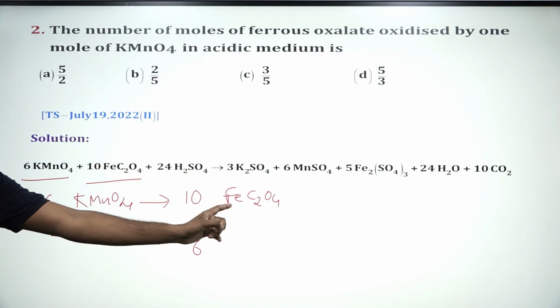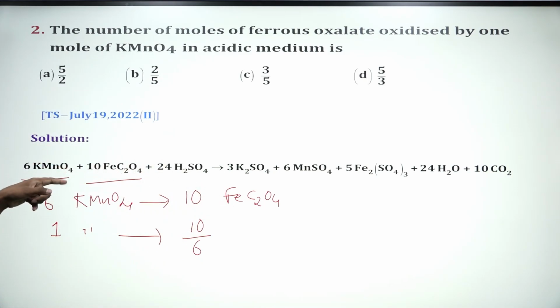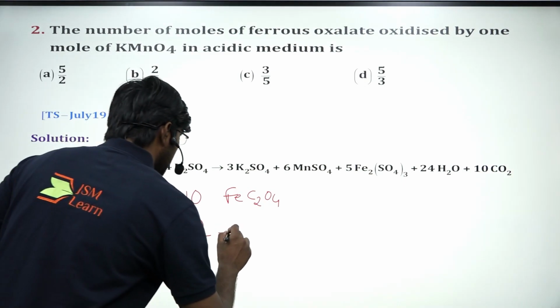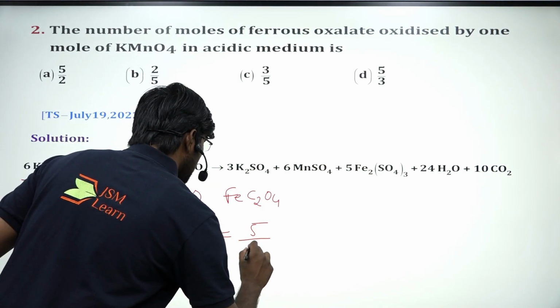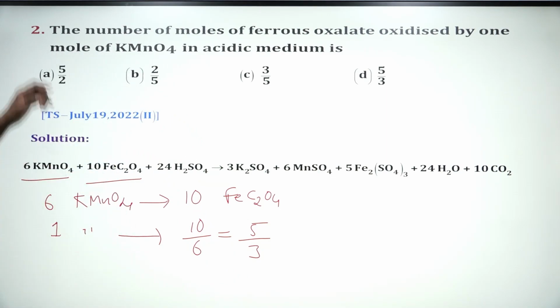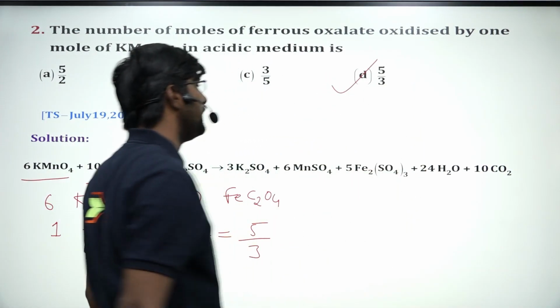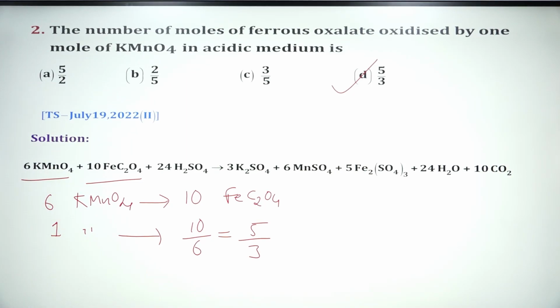For 6 moles, 10 moles according to the balanced equation. For 1 mole, how many moles? 10/6, which is nothing but 5/3 moles. So per mole, KMnO4 can oxidize 5/3 moles of ferrous oxalate. So option D is the correct answer.